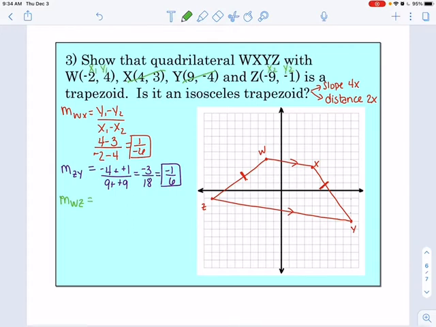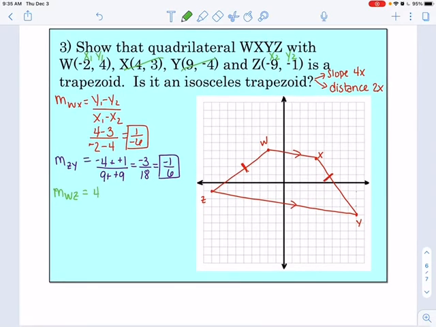So I'm going to have 4 minus negative 1 on the top and negative 2 minus negative 9 on the bottom. Again, I'll do keep, change, change. So I'll have a 5 on the top, and on the bottom, negative 2 plus 9 will give me an answer of 7. So the slope of that line is going to be 5 over 7.